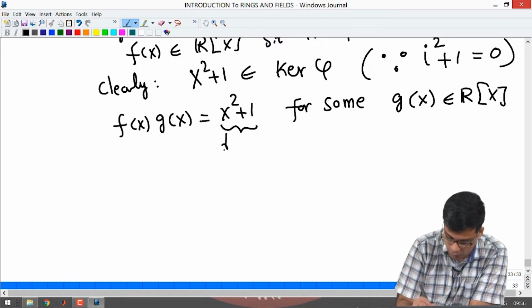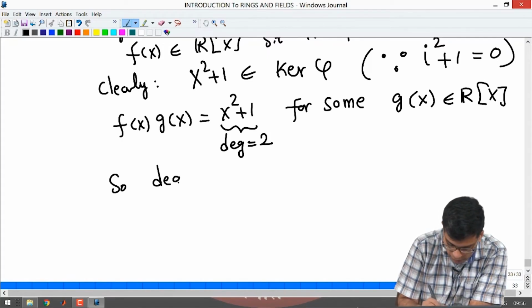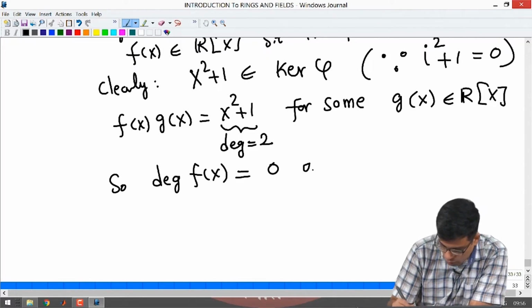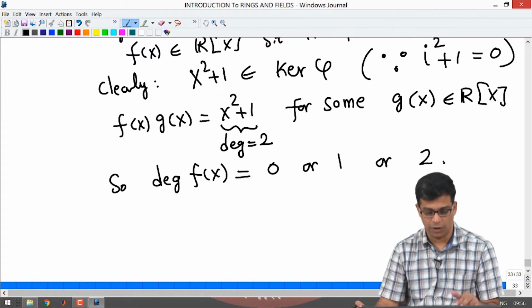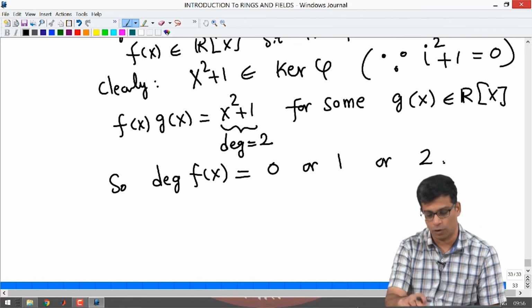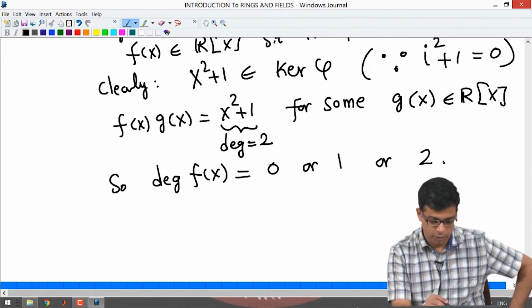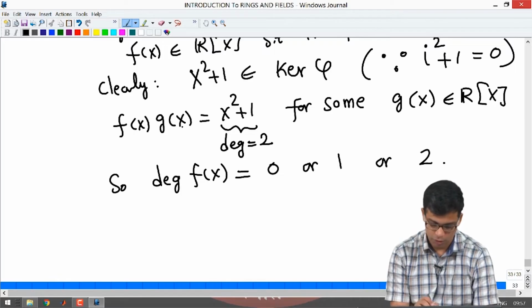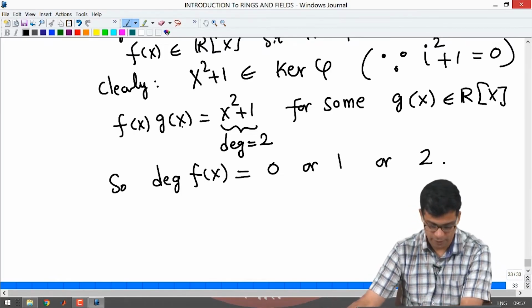Because this is degree 2, the degree of f is 0 or 1 or 2. If a polynomial divides a polynomial of degree 2, its degree must be less than or equal to that, because the degree of the product is the sum of the degrees. The degree of f(x) plus the degree of g(x) is 2, so the degree of f(x) is 0, 1 or 2.